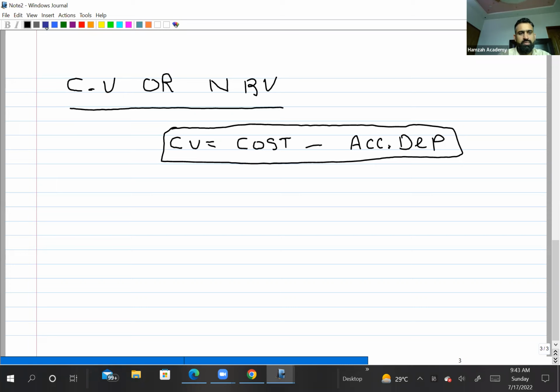Now, what is the definition of cost then? What is cost?